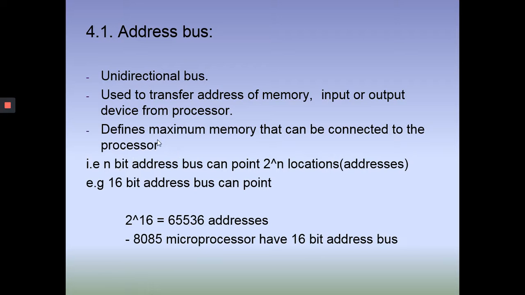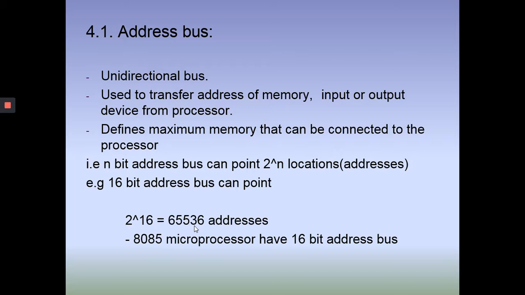For example, an n-bit address bus can point to a maximum of 2 power n locations, meaning 2^n addresses. For example, if a 16-bit address bus is there, it can point to a maximum of 2^16, that is 65,536 addresses.